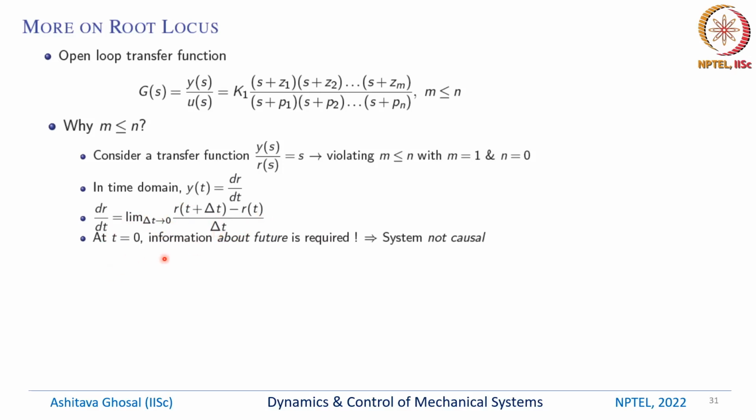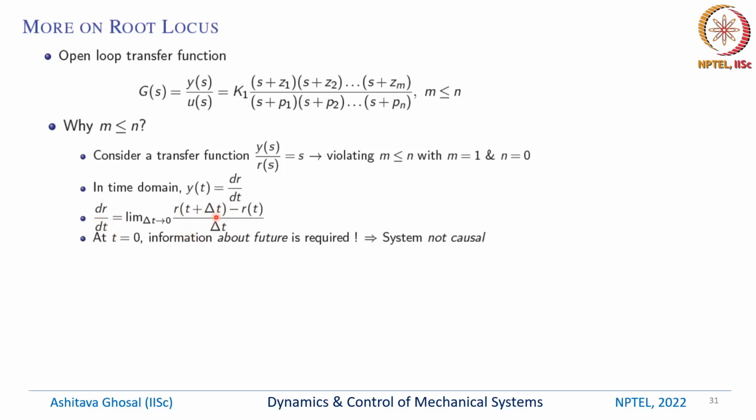This is the very basic definition of a derivative of a function. At t equal to 0, what happens? We need information about the future to obtain the derivative dr/dt.